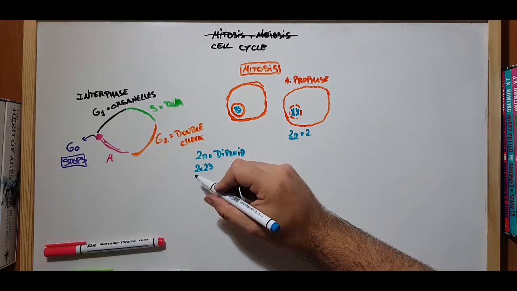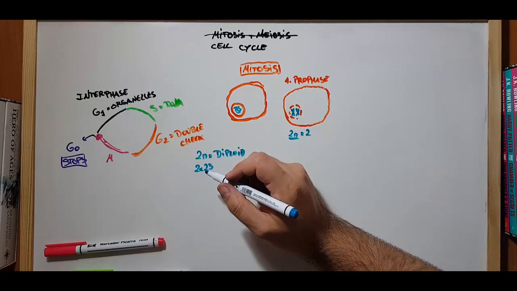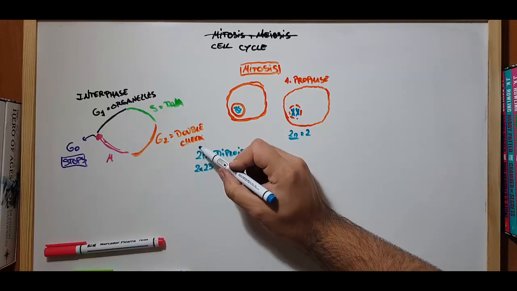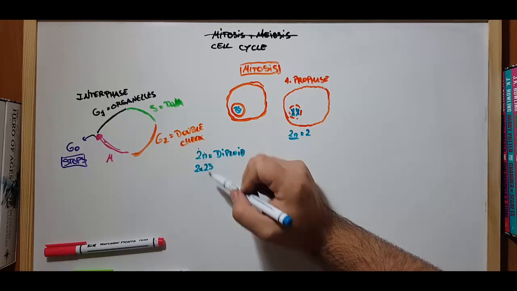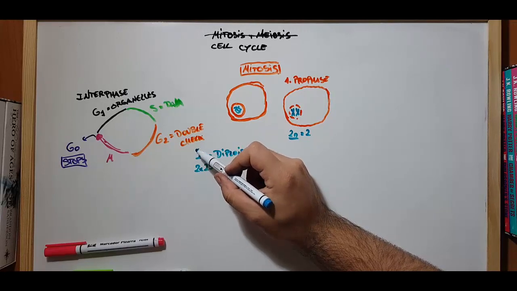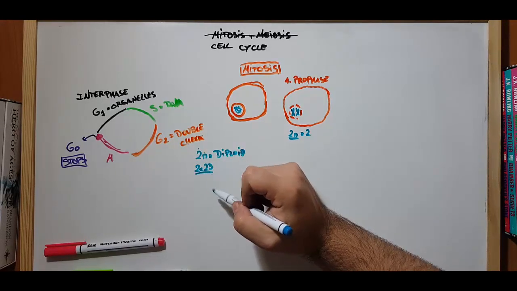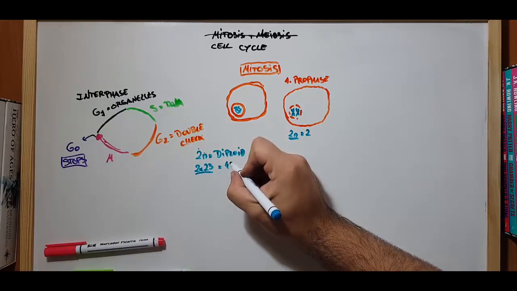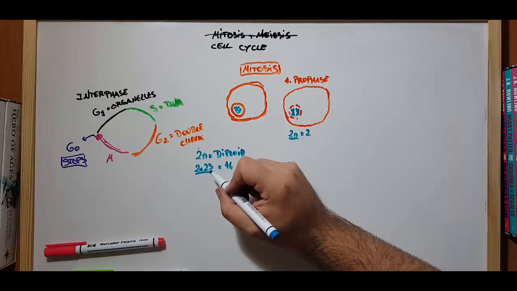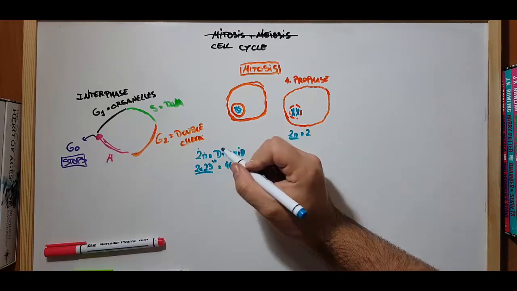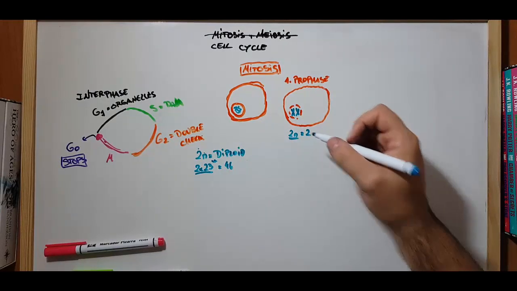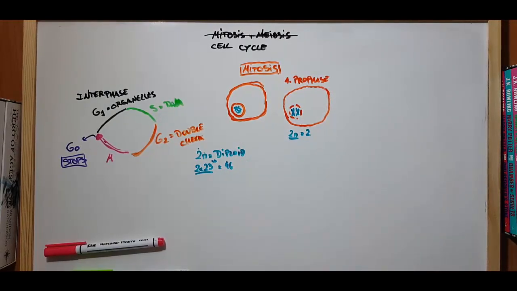So remember that all our chromosomes are set up in pairs, so we're going to have 2 of every chromosome. So we're going to have a total of 46. So 2n is equal to 46 in humans, and in our sample cell 2n is going to be equal to 2.